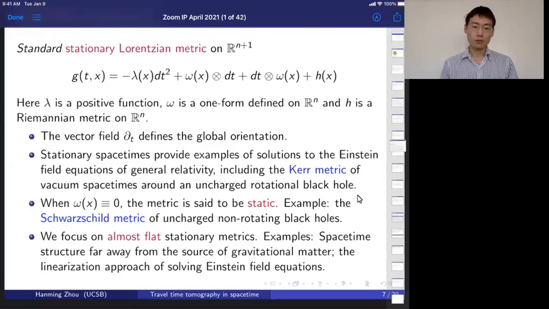This almost flat stationary metric also appears in the linearization approach of solving the Einstein field equation. You take the linearization around the standard Minkowski metric, and then you get something like this.